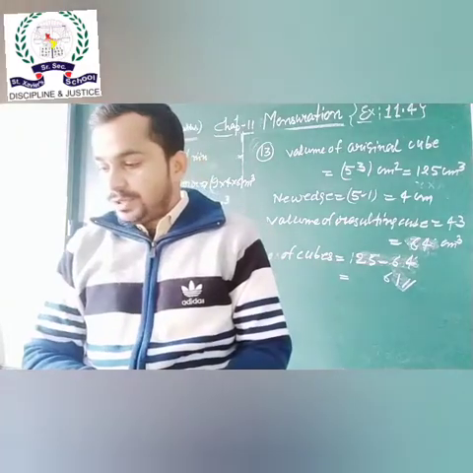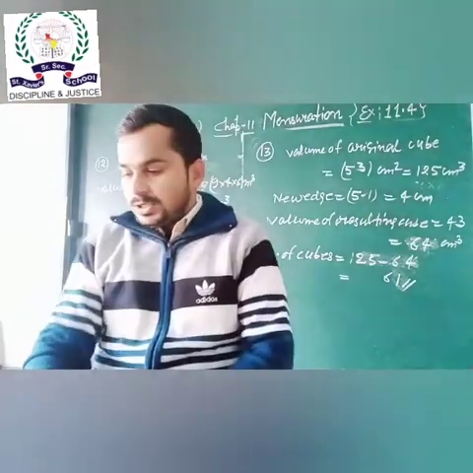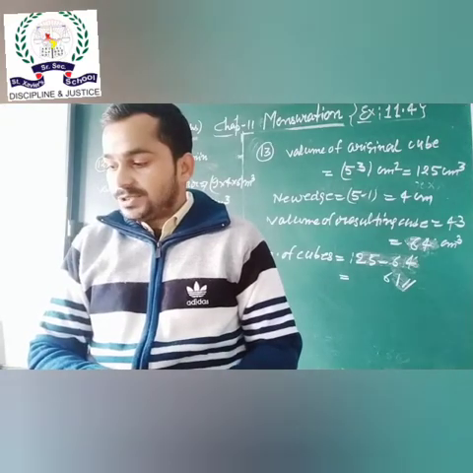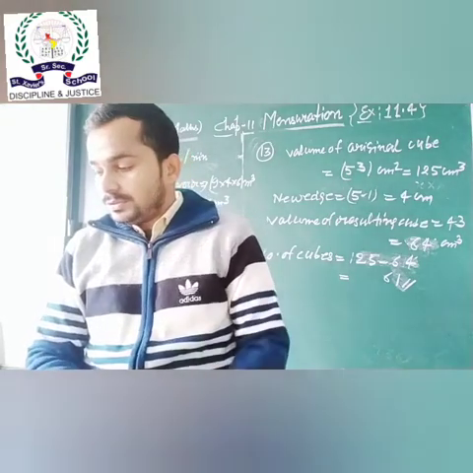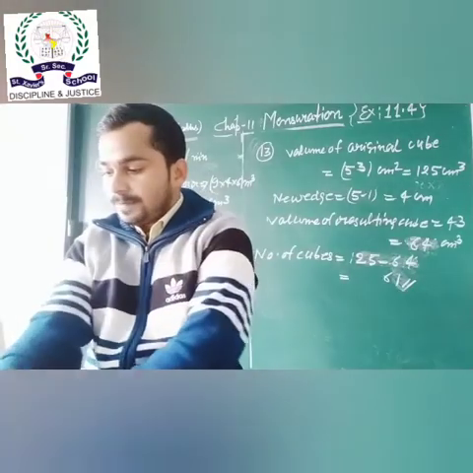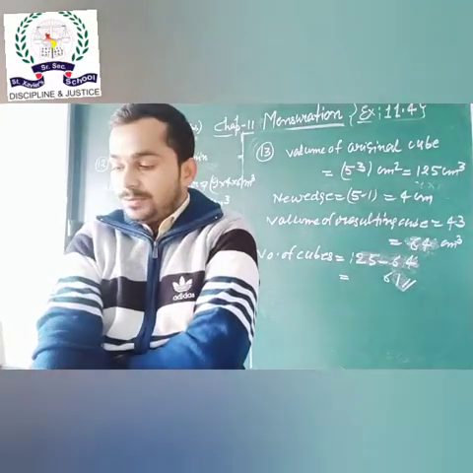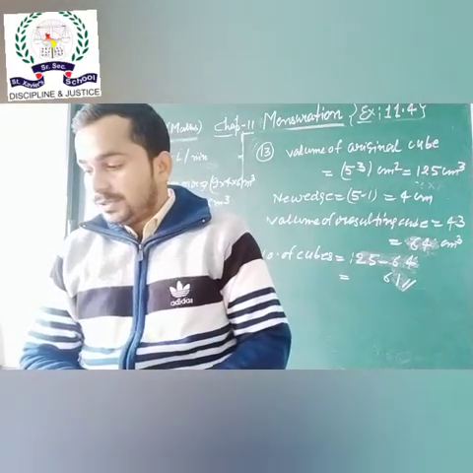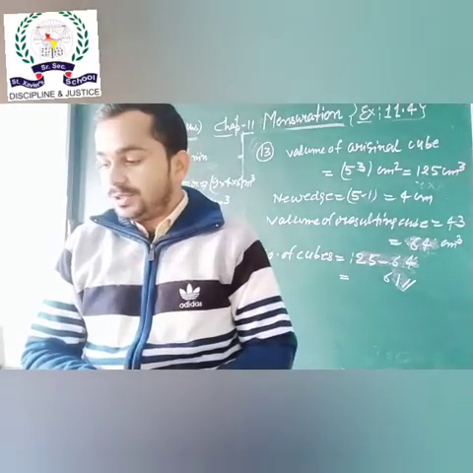Now question number 14. A swimming pool 200 meter by 50 meter has an average depth of 2 meter. So you have to find out the volume of the swimming pool. Length is given 200, breadth is given 50 and height is given 2 meter. By the end of a summer day the water level drops by 2 centimeter.